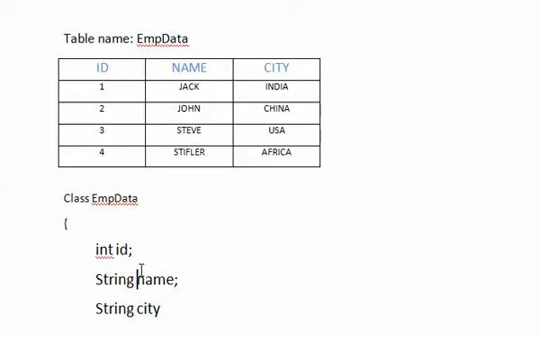We use annotations, or we map our id, name and city in the Hibernate config file, and Hibernate itself will create the table, and at runtime when you pass the variables, the data will be inserted into your created database table.